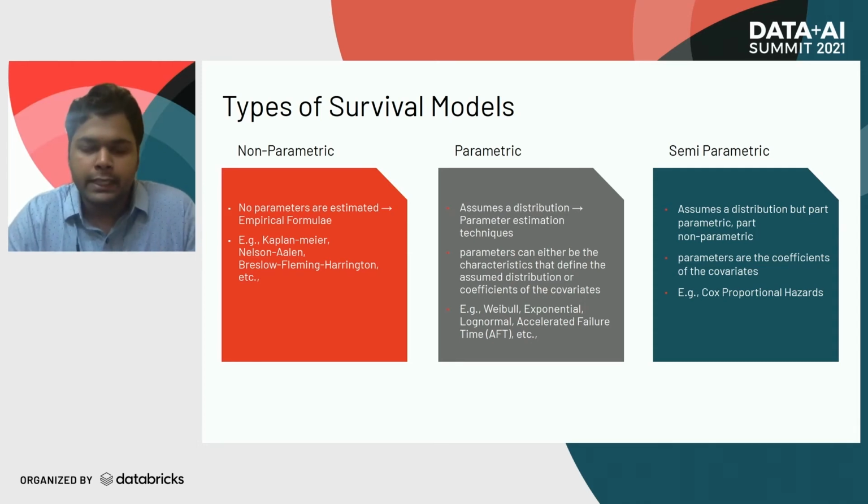When it comes to semi-parametric, these methods are partly non-parametric and partly parametric. By that I mean, while we estimate the survival function, a part of it is estimated using non-parametric methods, and the other part is estimated using parametric methods.